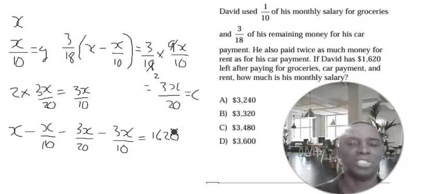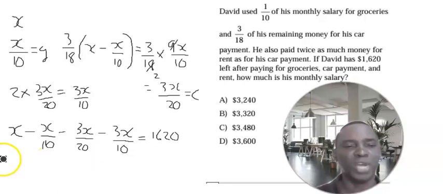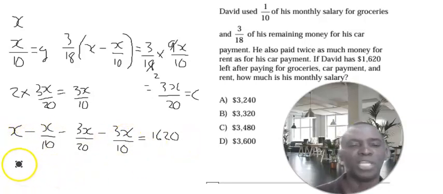Now, under exam condition, I have a little shortcut for stuff like this. What you need to do is just look at the denominators, the highest here, and you multiply through by that denominator. If you look at these three fractions, 20 is the highest, so I'm going to multiply this equation through by 20. 20 times x will give us 20x, and 20 times x over 10 will give us minus 2x.